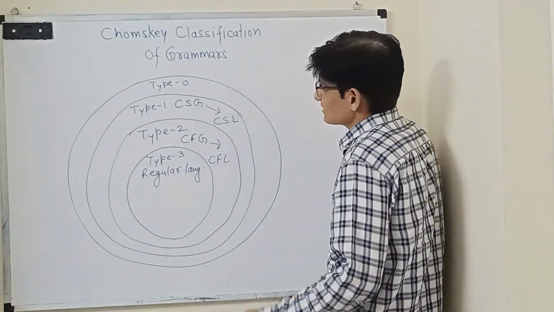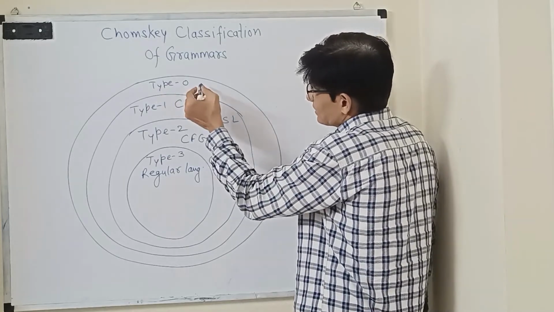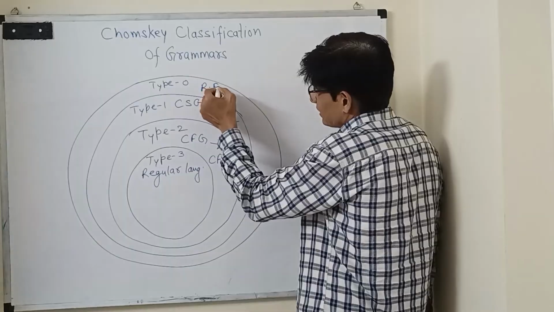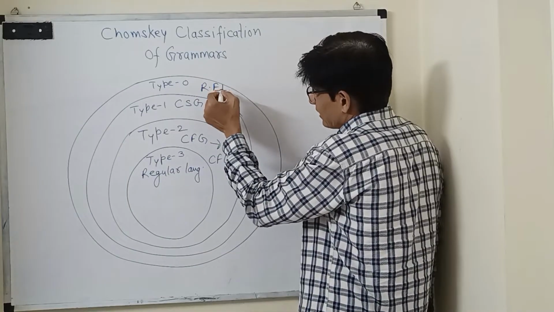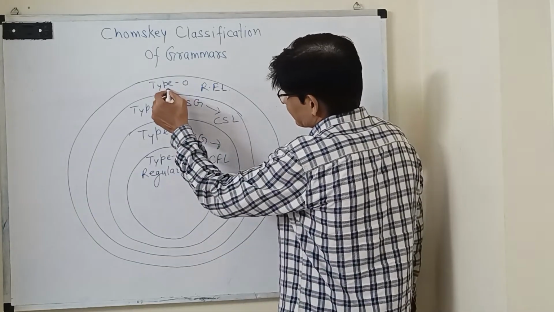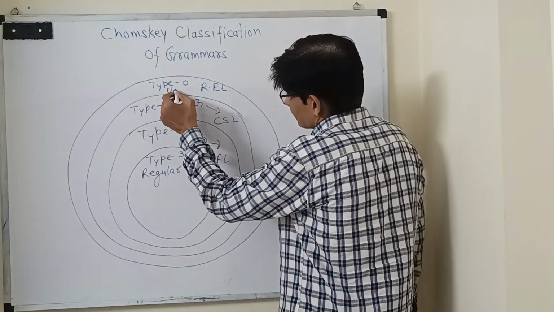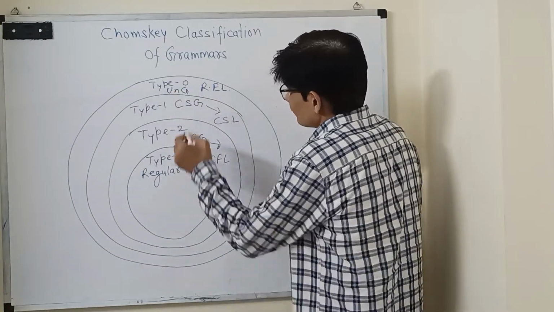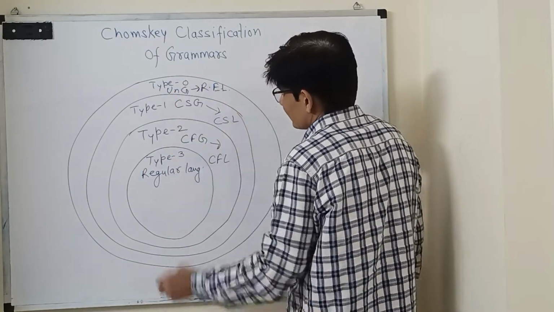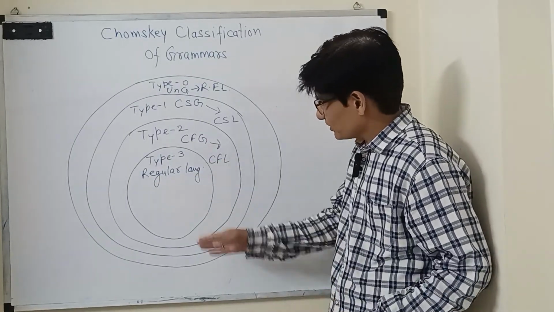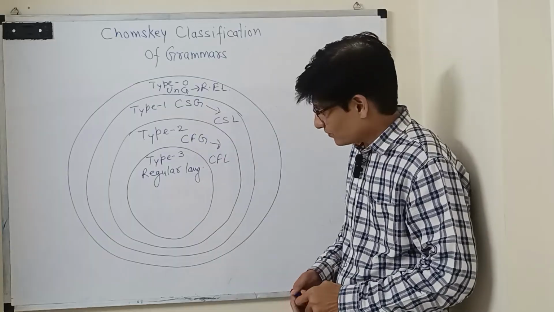Now the biggest set of this classification is type 0 grammar, or unrestricted grammar, which generates recursively enumerable languages, REL. So you can see this is the relation between all these classes of grammar.